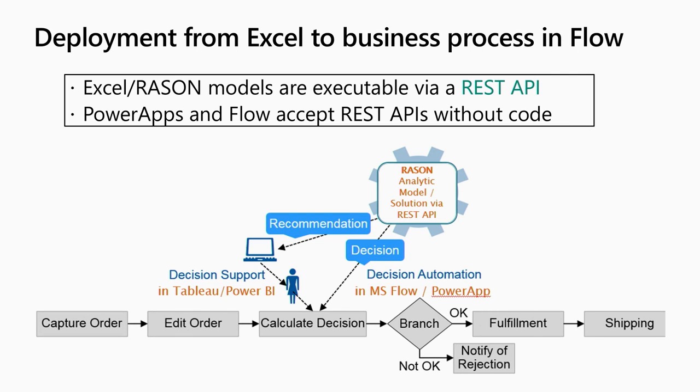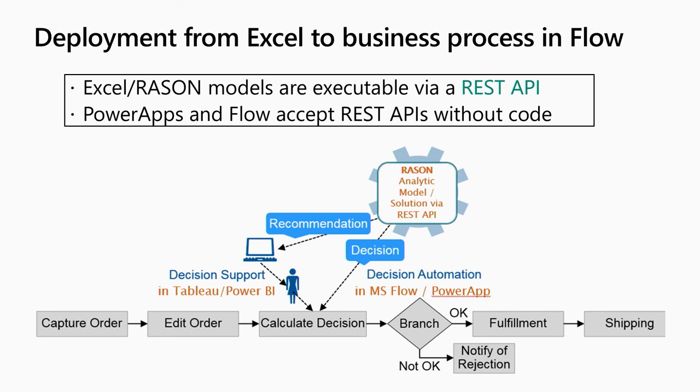And we could show that in Power BI or in Tableau. But we can also make this fully automated. In some cases, we could just decide based on criteria to accept or reject the order based on use of an analytic model. So what we were doing in Microsoft Flow a moment ago was sort of like this.